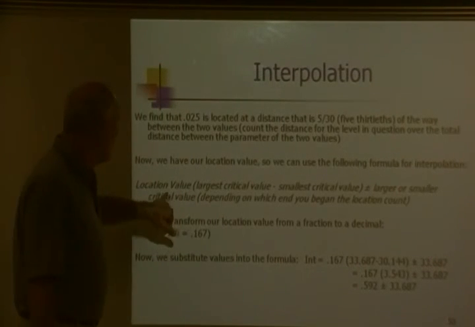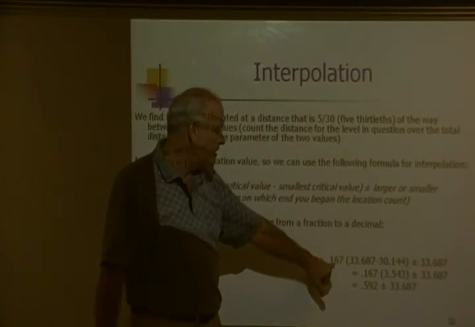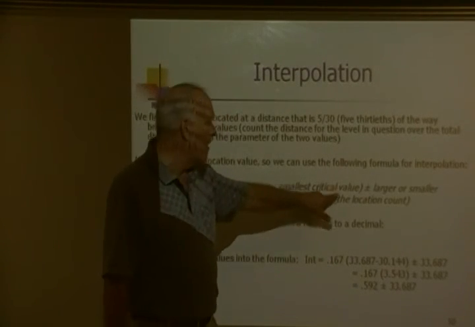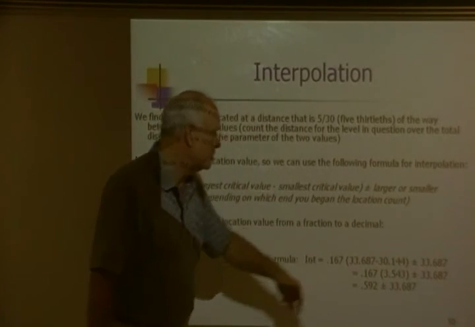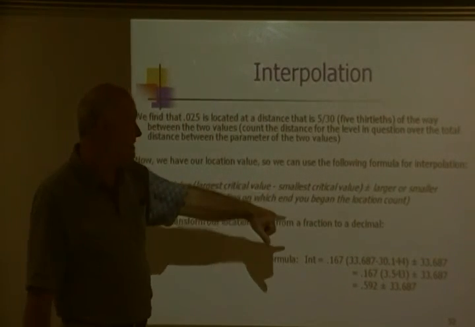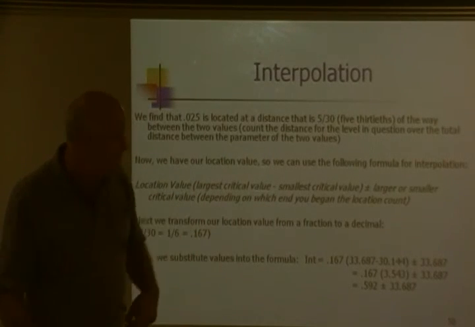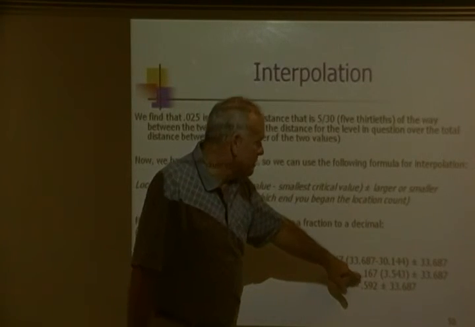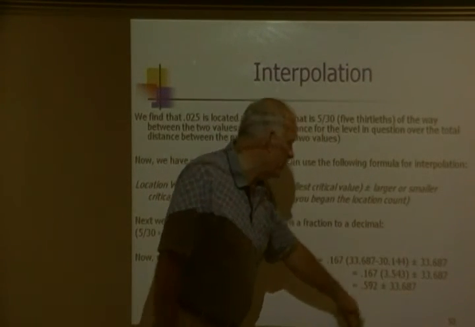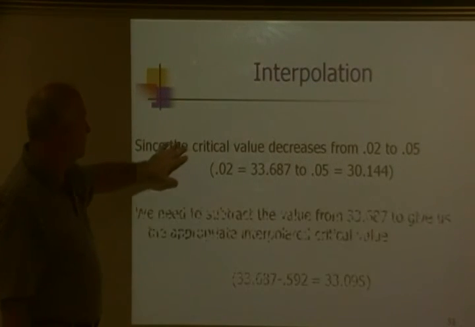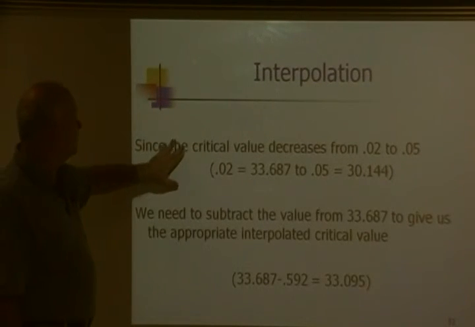So we have our location value, which is 0.167, times the largest critical value minus the smallest critical value of the two, and then plus or minus the larger critical value in this case, because we need to subtract it. And so we have 0.167 times that all the way down the line, and we come up with the critical value decreases from 0.02 to 0.05.